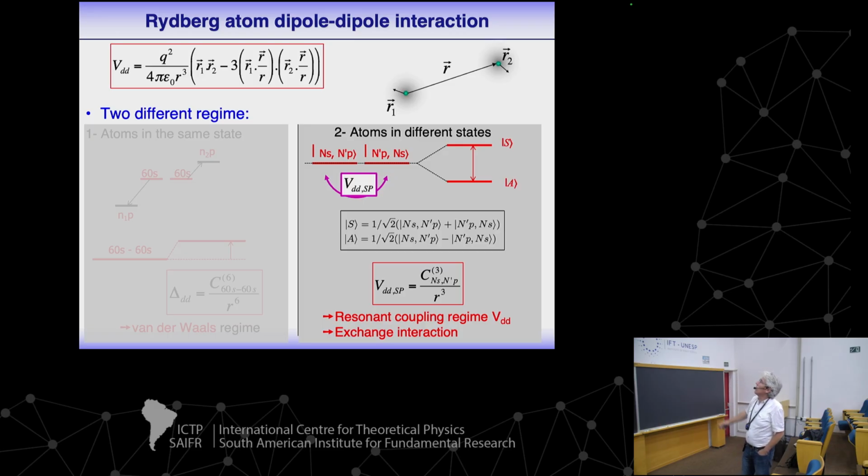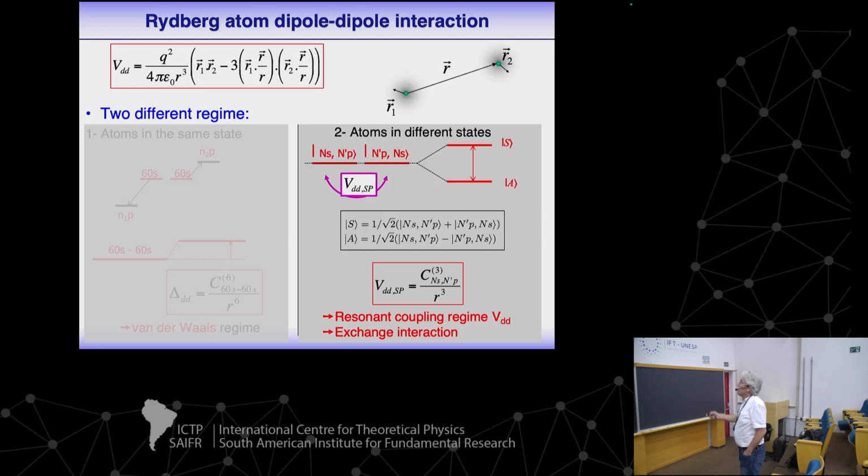And now we switch to the situation where the two atomic levels involved are both Rydberg levels, instead of having one ground state and one Rydberg. Then the coefficient describing the interaction is what is called the exchange. It's based on the fact that when you have two Rydberg levels, one S and one P, which are dipole-dipole coupled, you have degeneracy automatically for free between two pair states, where either the first or the second atom is in an S state and vice versa for the P states.